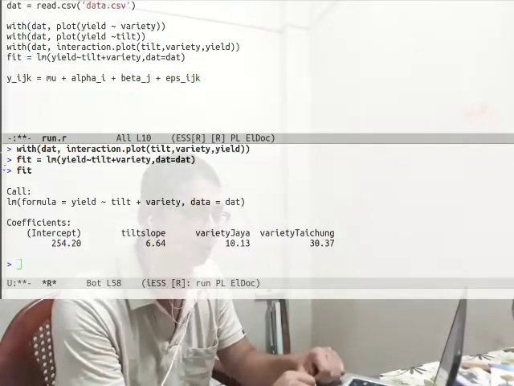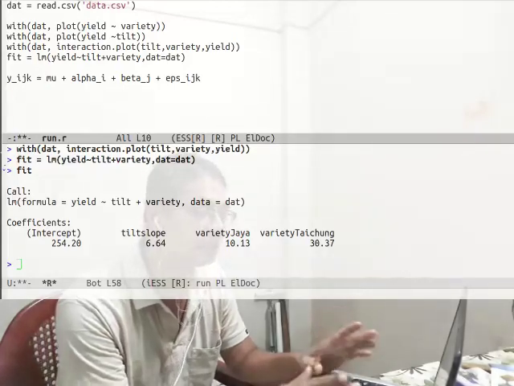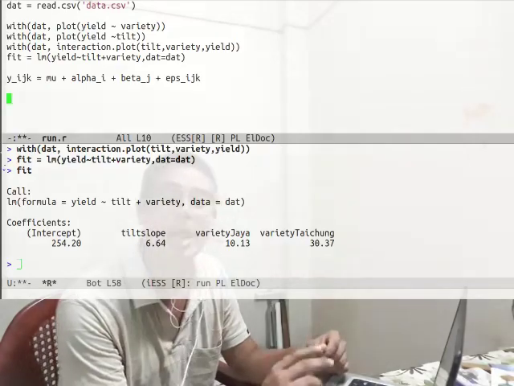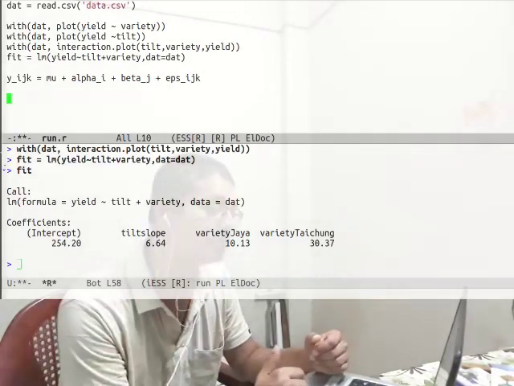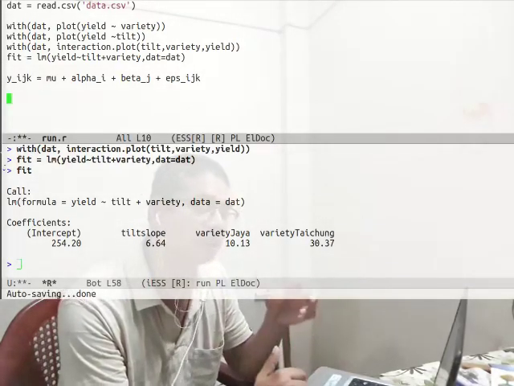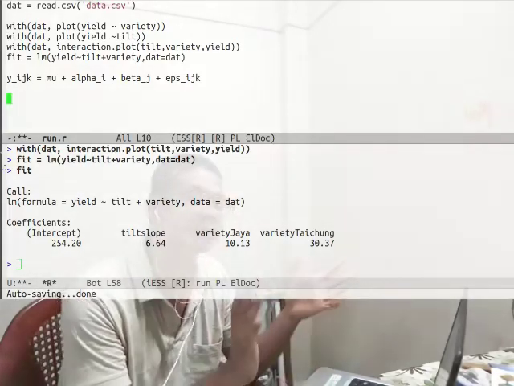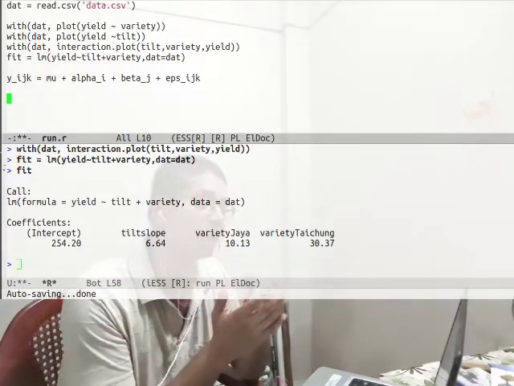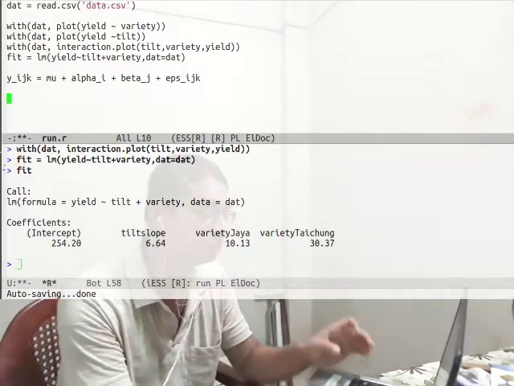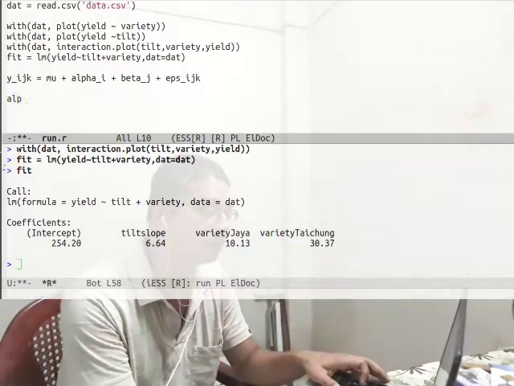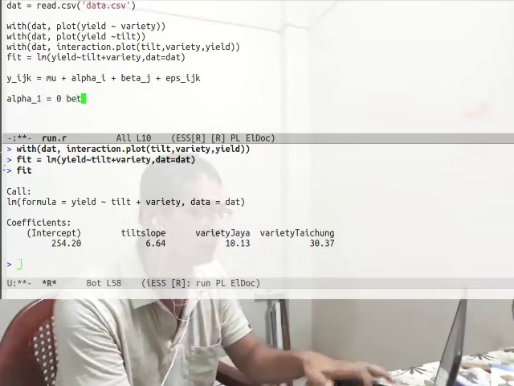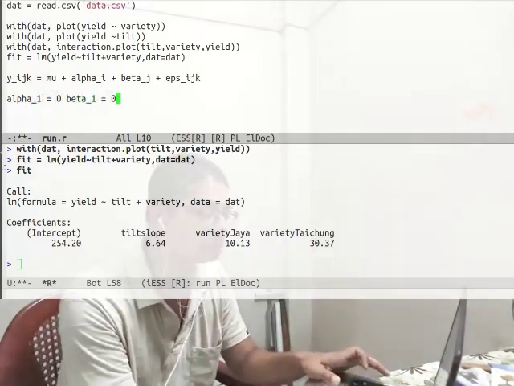So this is the model that I am fitting, and it is putting that extra constraint. Sometimes these are called identifiability constraints, because under these constraints the number of parameters effectively comes down, as Shourjyoti pointed out that I am having a redundant parameter. So R by default will always put this restriction, alpha 1 is equal to 0, beta 1 equal to 0.